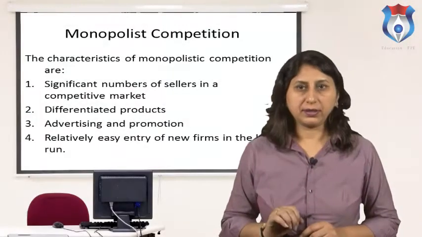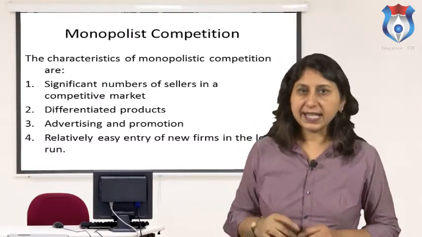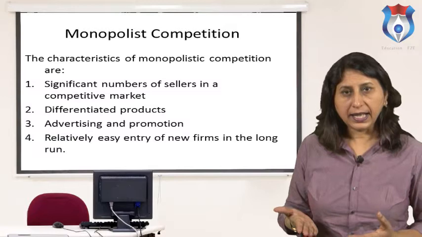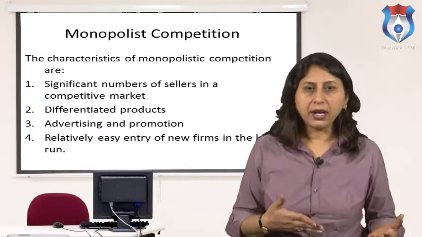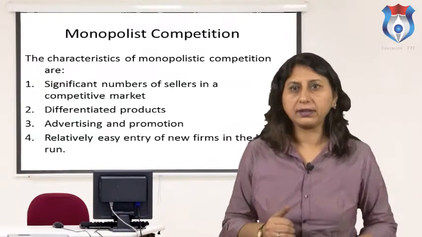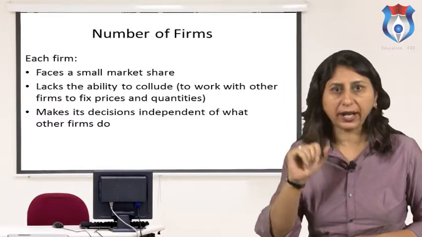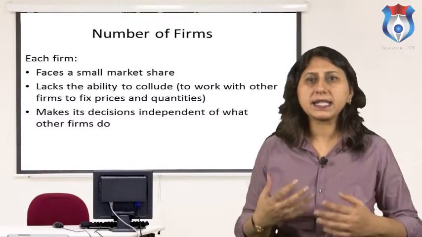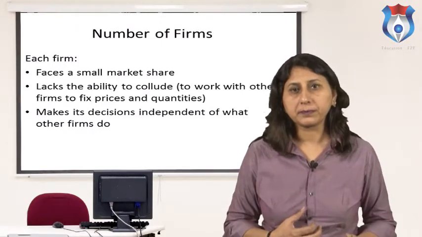Monopolistic competition. The characteristics of monopolistic competition are significant numbers of sellers in a competitive market, differentiated products, advertising and promotion, relatively easy entry of new firms in the long run. Each firm faces a small market share, lacks the ability to collude, makes its decisions independent of what other firms do.